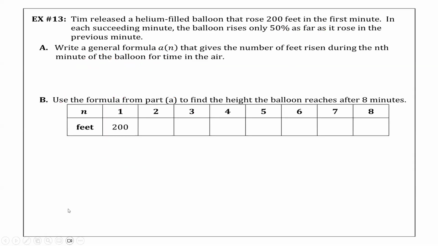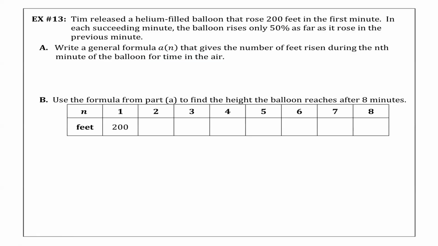All right, so continuing. Now we have a word problem. So this is where it comes down to applying this to some real world situation. Tim released a helium-filled balloon that rose 200 feet in the first minute. And each succeeding minute, the balloon rises only 50% as far as it rose in the previous minute.